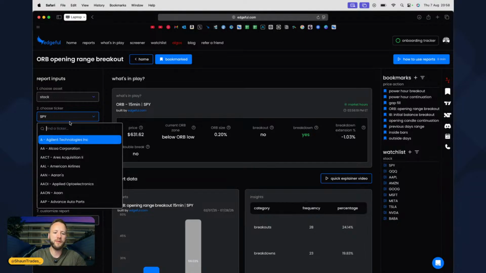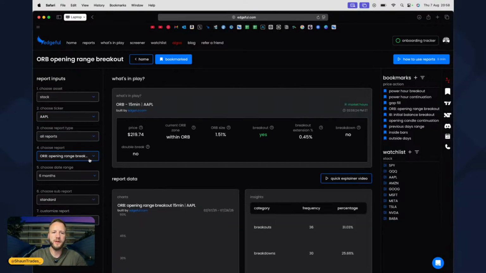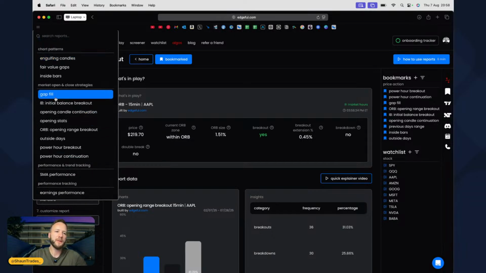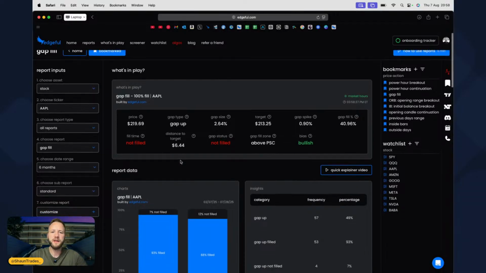And of course, not every piece of data is perfect, but you take what you get from the data. So if there's a high probability in your favor, they're the trades you take. If it's a low probability, you don't trade that. We want to go to gap fill. Today, obviously not filled today.